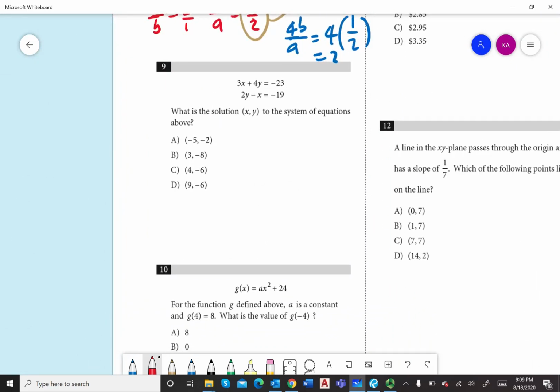So this is a system of equations. By looking at it, I already know what it is, right? So I have 2 equations with 2 variables. It's asking me to solve the system. There are 2 ways that you would want to use every time you have a system of equations to solve.